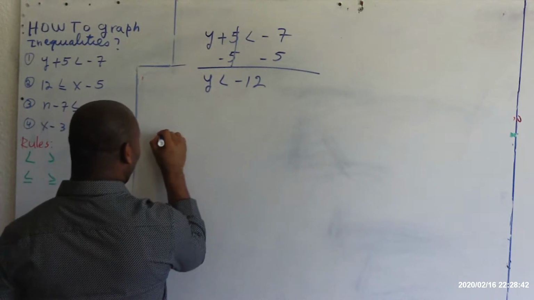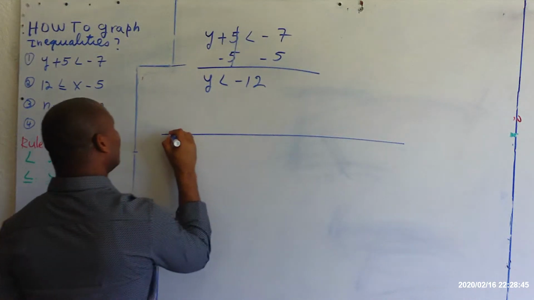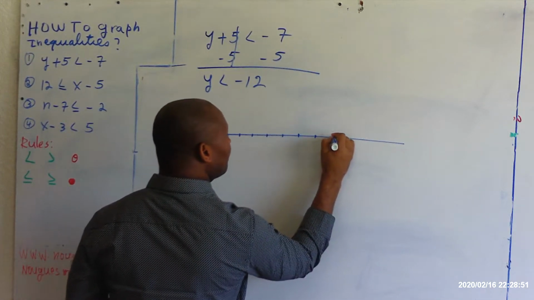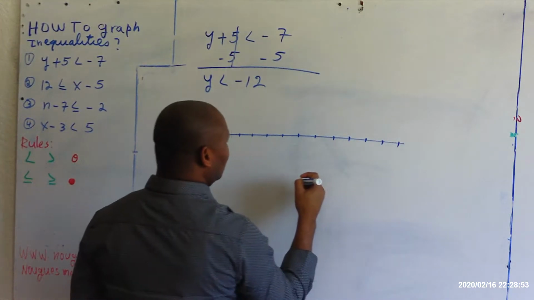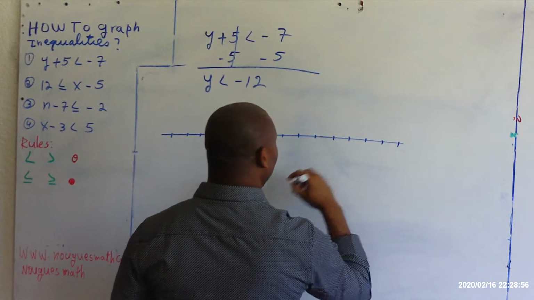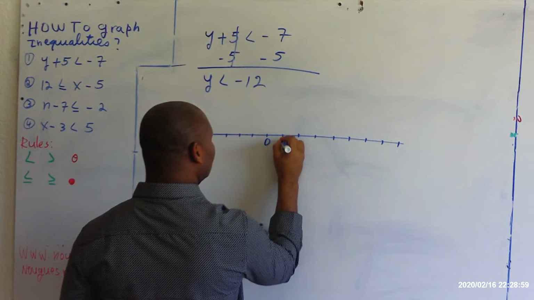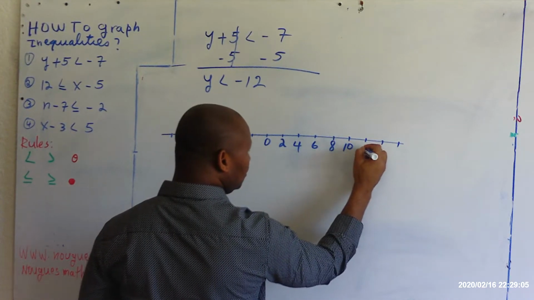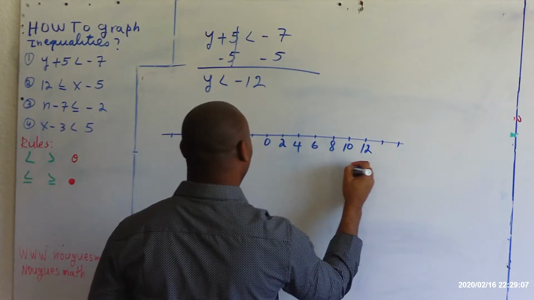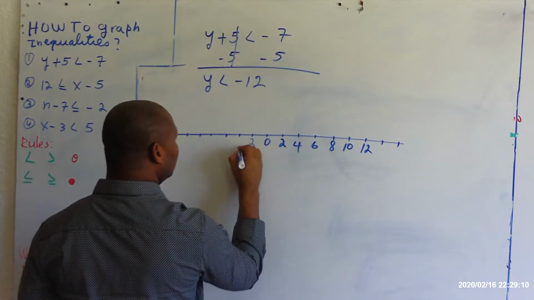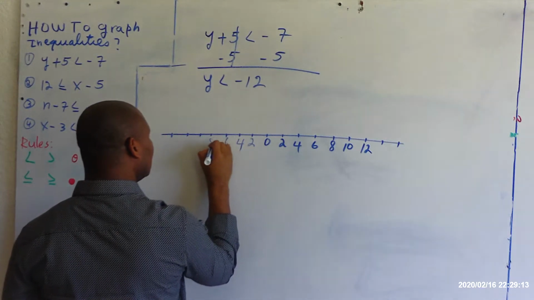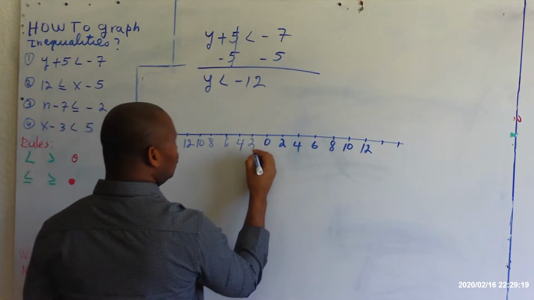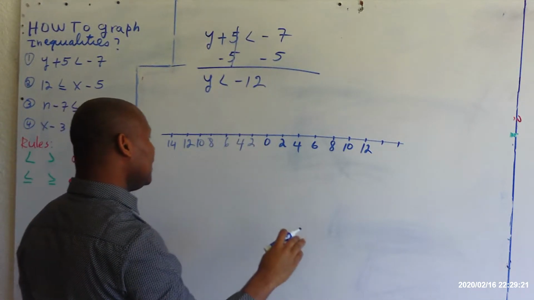Let's graph it. You do a number line. Let's start with 0 right here: 0, 2, 4, 6, 8, 10, 12, 14.